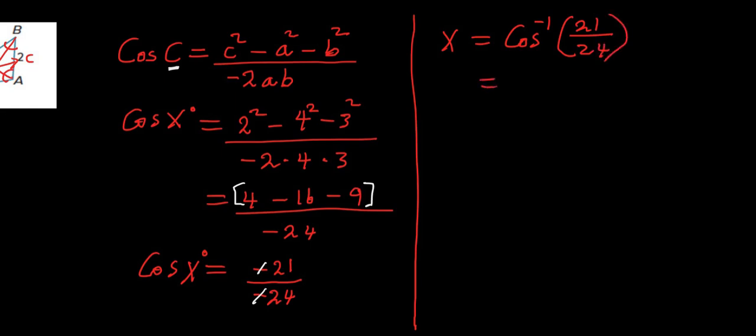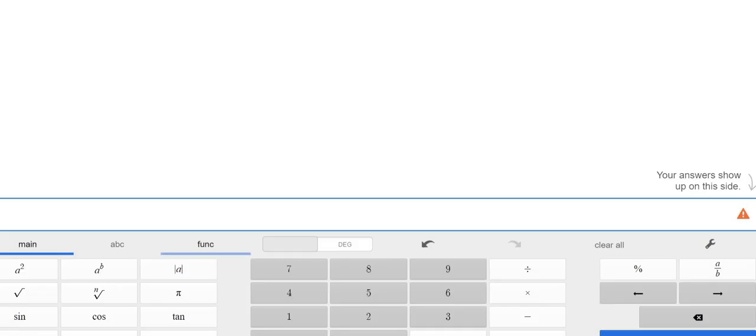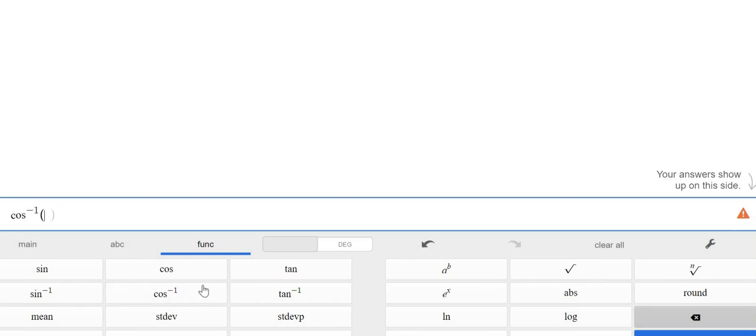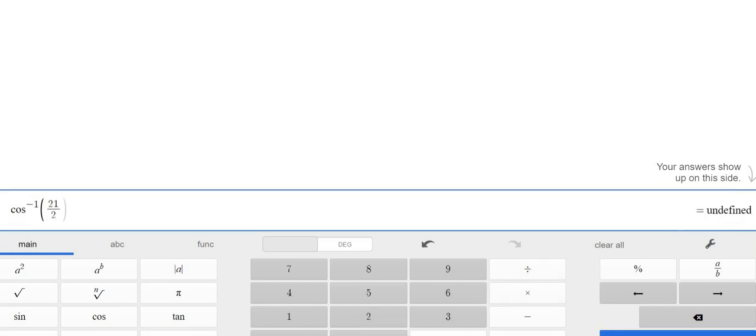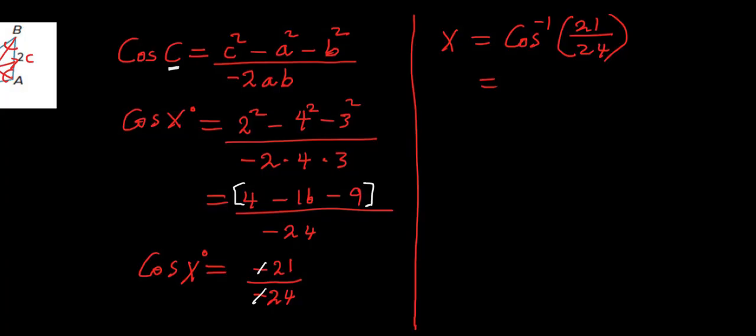So let's use the calculator to generate this value. The reciprocal of cos and 21 divided by 24. That gave us 28.95502437.